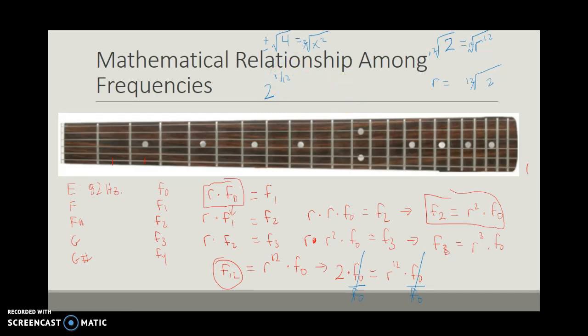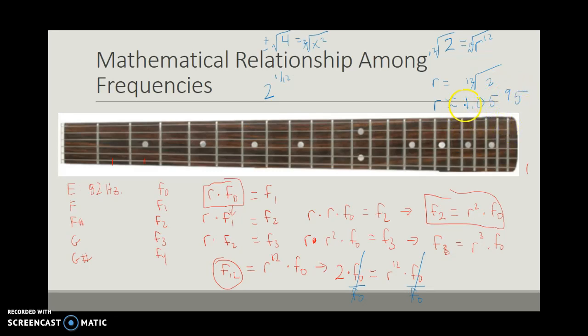And now I can compute this number, the 12th root of 2, and I'm doing this in my calculator, it comes out to about 1.06 roughly. 2 to the 1/12th, and my calculator here produces an estimate, to about 4 decimal places, of 1.0595.